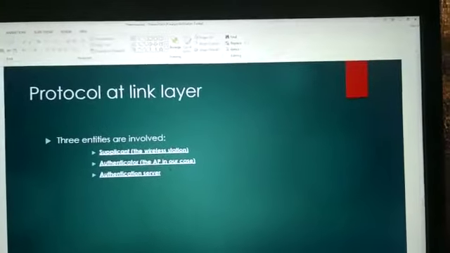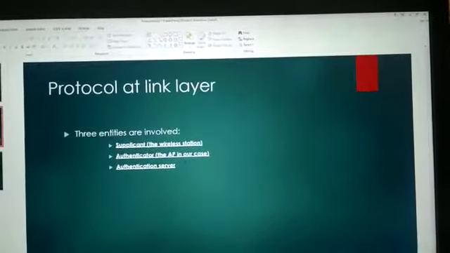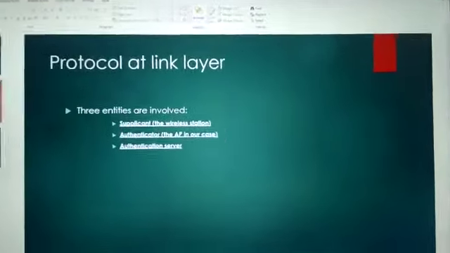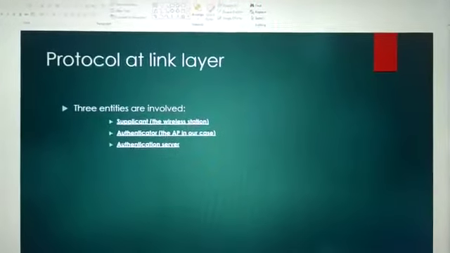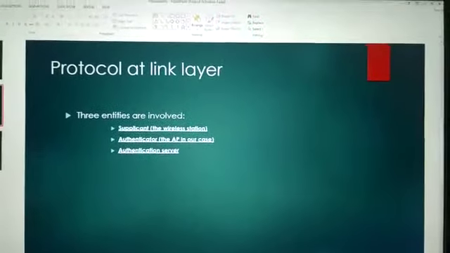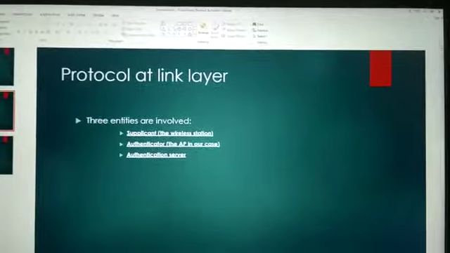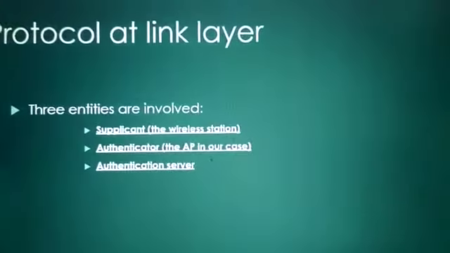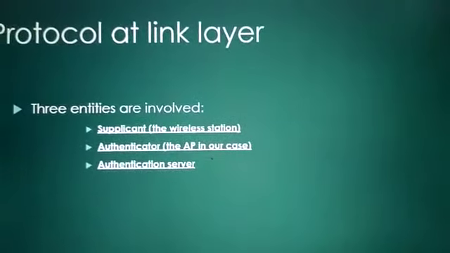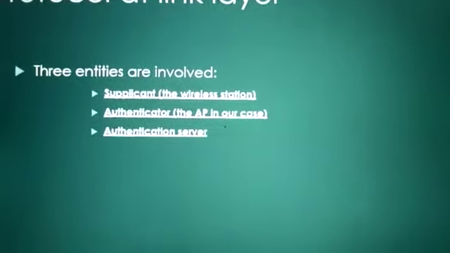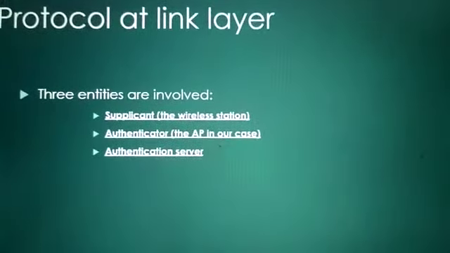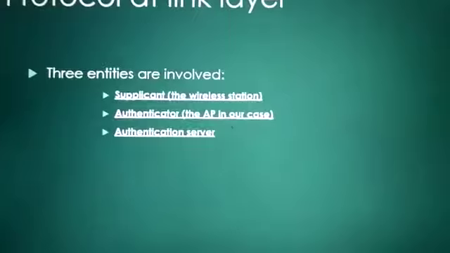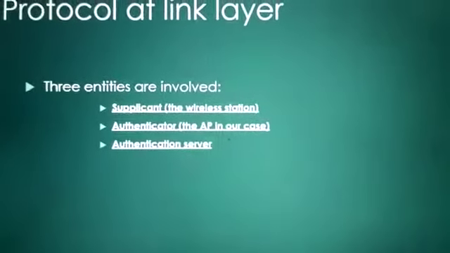Now, what are the three entities involved in the authentication process? We have the supplicant, the authenticator, and the authentication server. The supplicant we can think of as a user who wants to connect to a network.